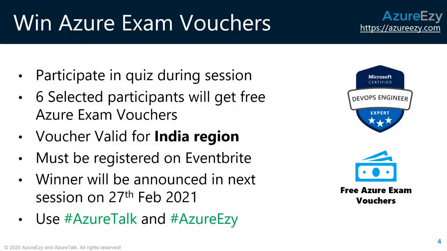So we are giving the content as well as the exam voucher. If you are one of the lucky ones, you can clear all the exams with the knowledge you get from our YouTube channel, as well as the voucher from our sessions, if you are visiting all the sessions, previously and in the upcoming future.